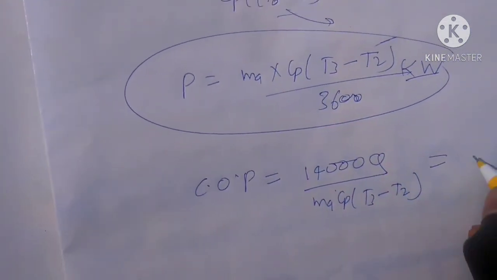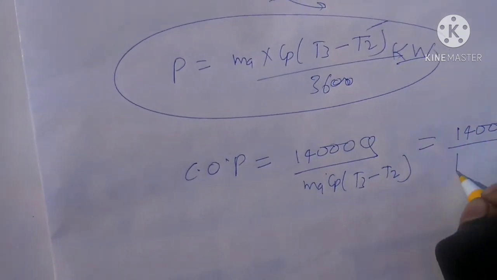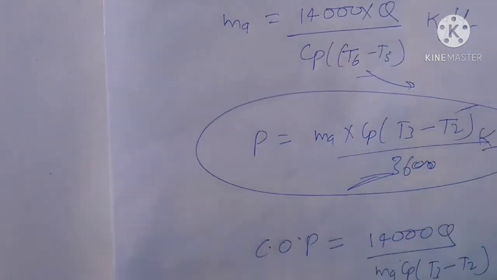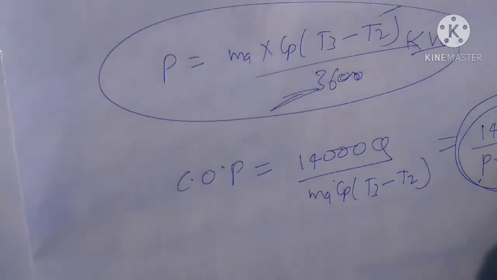It is also 14,000 Q divided by P power, with the formula multiplied by 3600. This is your main formula.